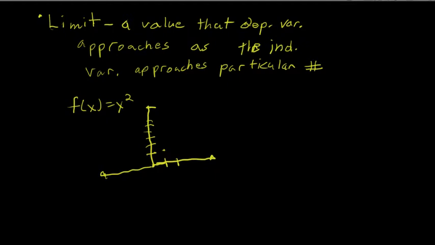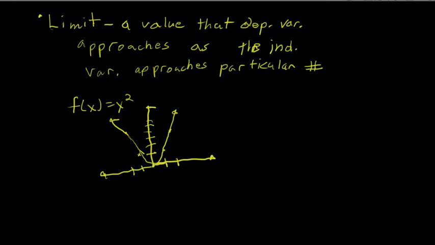So 1's on the graph because 1 squared is 1. Negative 1 is on the graph because negative 1 squared is 1. 4 is on the graph because 2 squared is 4. And negative 4 is on the graph because negative 2 squared is 4. So we'll have a parabola looking something like this.